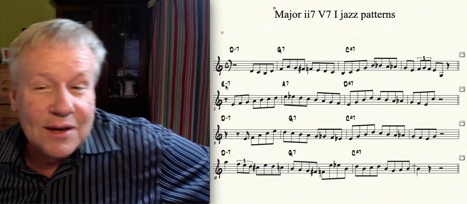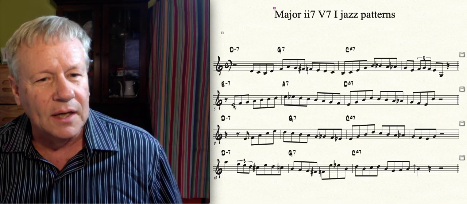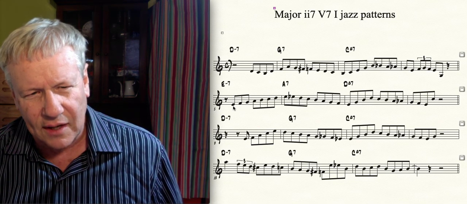In any event, so this is D minor G7, even though it says E minor A7, and I'm starting on an upbeat, and this E to the F is kind of like a leading tone.